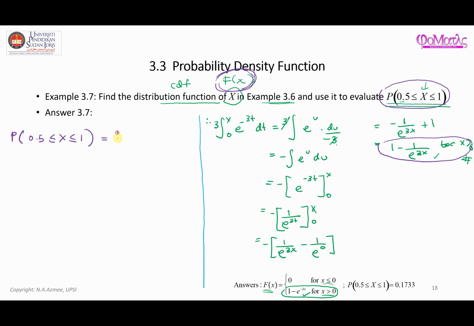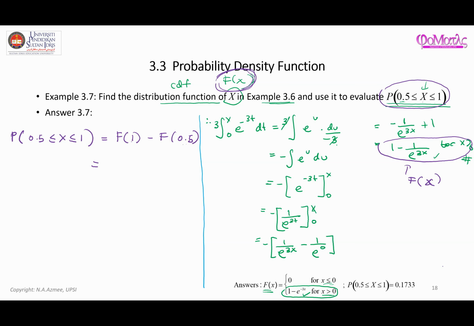We need to find F(1) minus F(0.5). This is our CDF for x, our cumulative distribution function, and I'm going to substitute the value of 1 into this function, and also the value of 0.5.